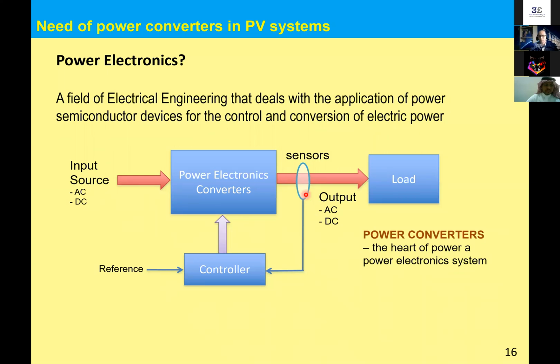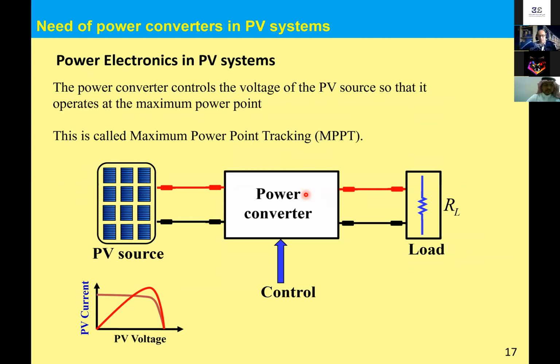The heart of a power electronic system is a power converter. So what is a power converter? Here, before speaking about power converters, this is an application where power converters are used. For example, as I mentioned before, interfacing PV sources and the load, with the main objective of making the PV source provide the maximum power to this load.